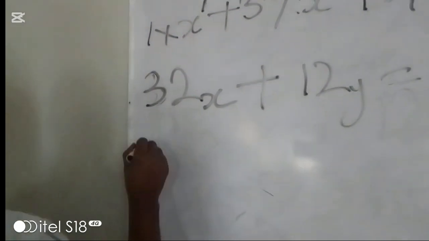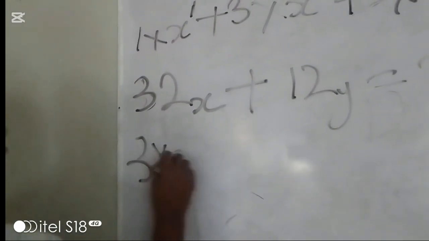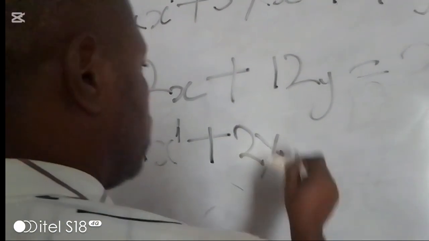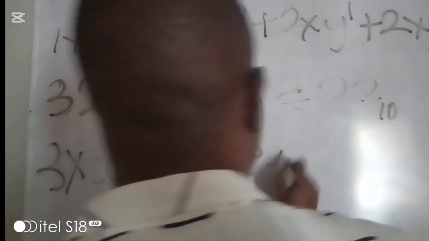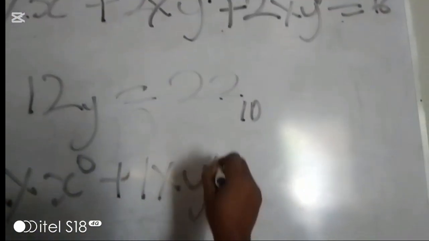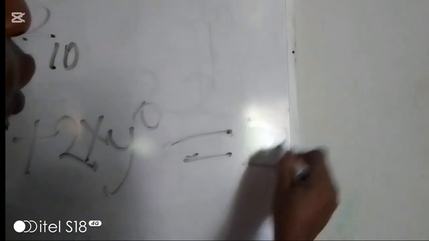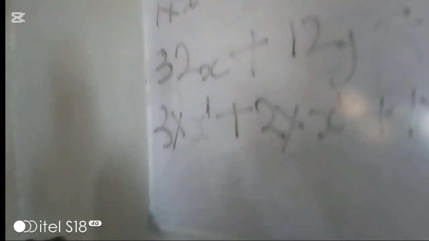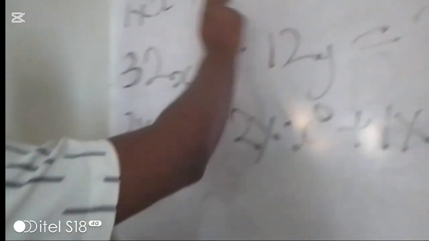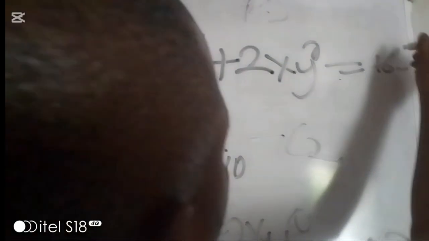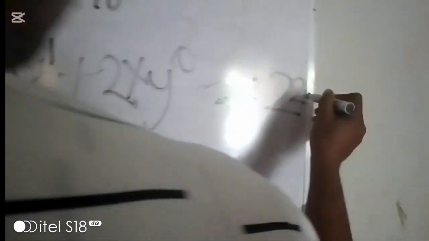To break this one down, it becomes 3 times x raised to power 1 plus 2 times x raised to power 0 plus 1 times y raised to power 1 plus 2 times y raised to power 0 equal to 22. Let's name this one equation 3, then this one equation 4.